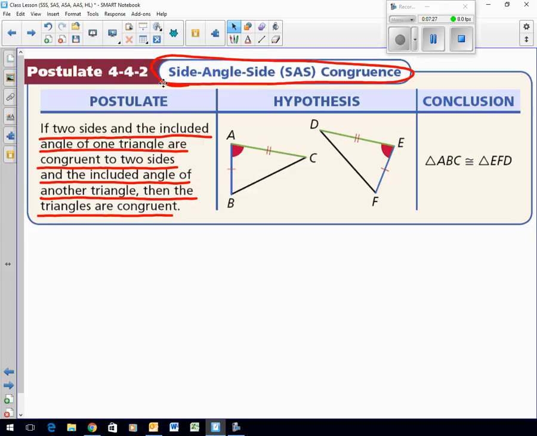Angle A is congruent to angle E, BA is congruent to FE, CA is congruent to DE. So the side angle side postulate tells me that the two triangles are congruent to each other.